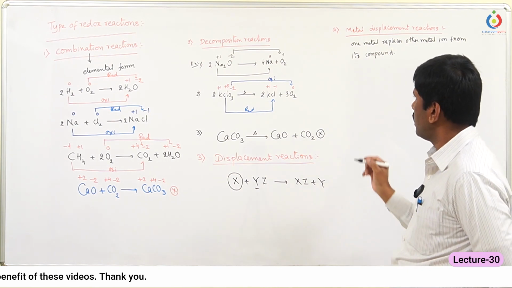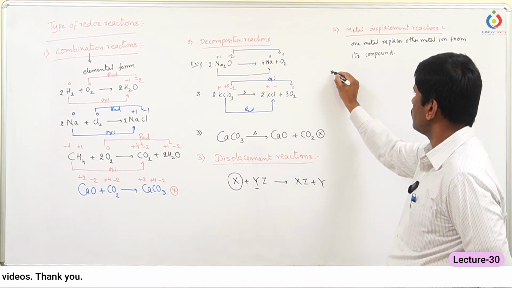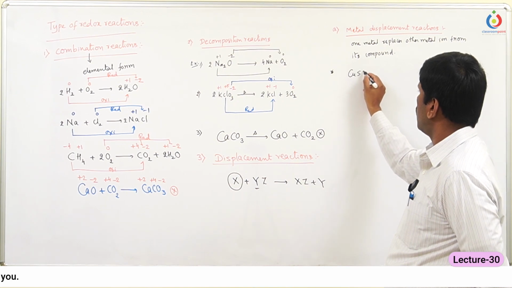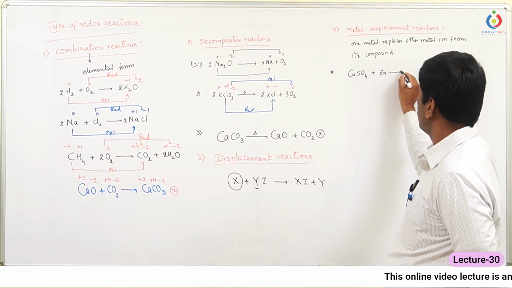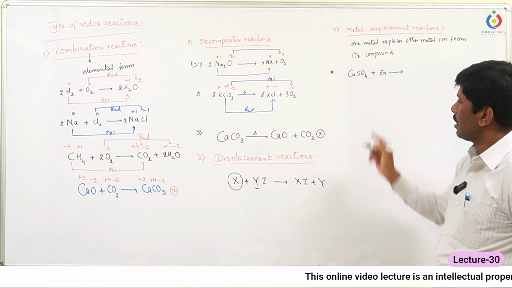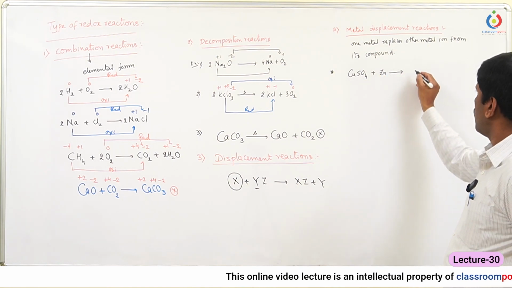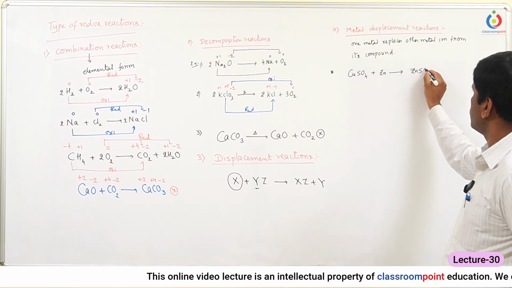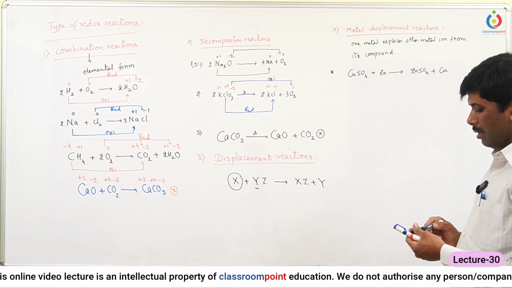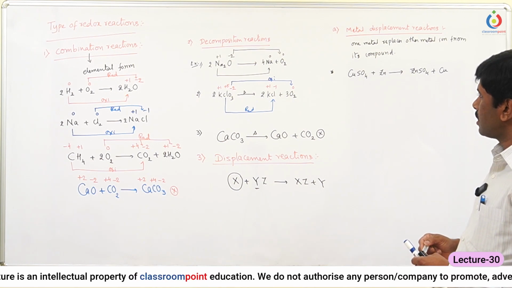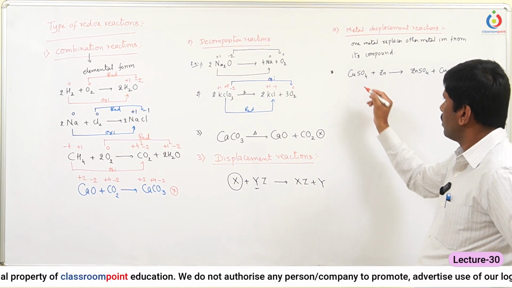Let us see some examples. Copper sulfate on reaction with zinc. Zinc replaces the copper from the copper sulfate and produces zinc sulfate and copper. So what information can we extract from this reaction?